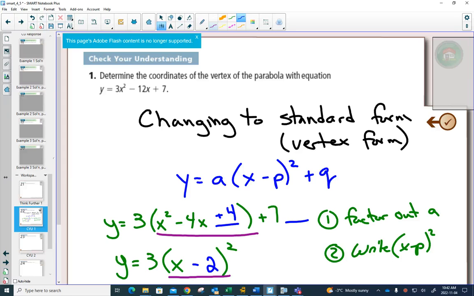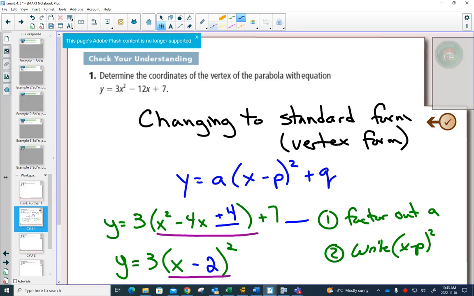In this method, in changing to standard form, I add 4 on one side, and then on the same side, I'm going to do something to make sure that I undo what I did. So by adding 4 on this side, it's made it heavier. If you add 4 and subtract 4, you've basically added nothing. Okay?